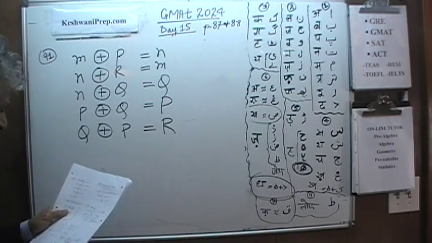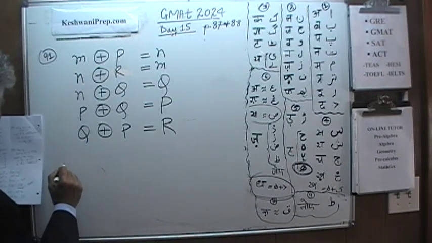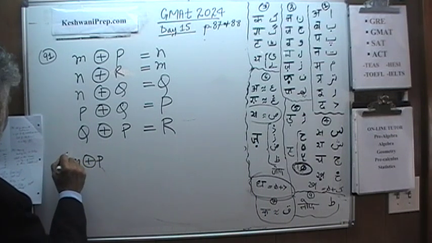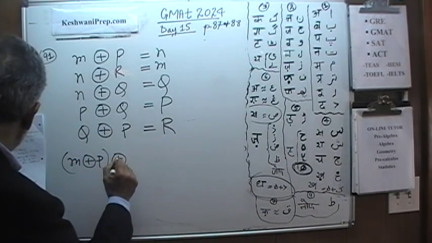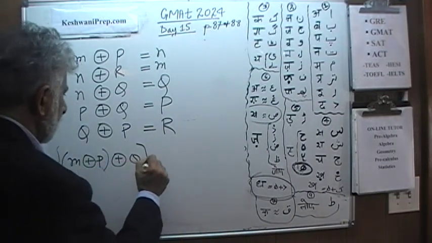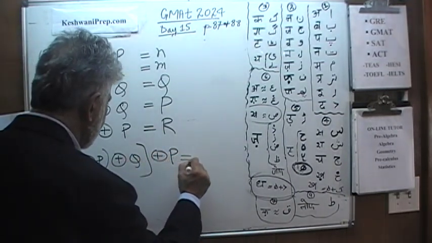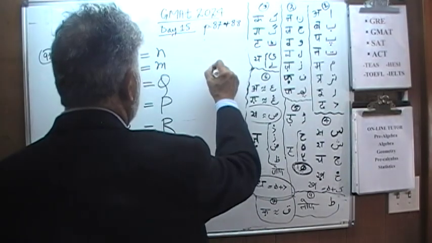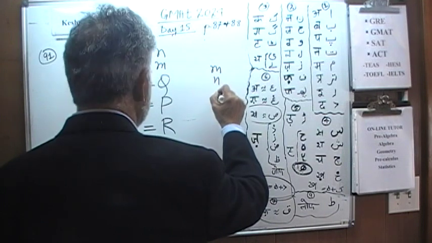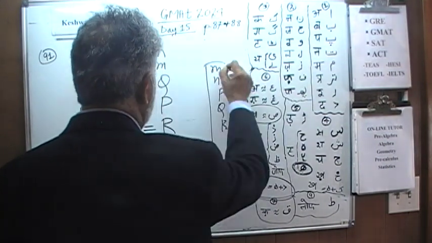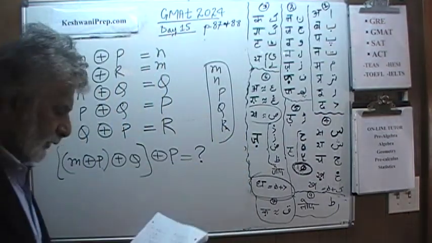And here is what we are asked to find: m operation p, operation q, and then operation p. And the answer choices are M, N, P, Q, and R. Go ahead and do it yourself.